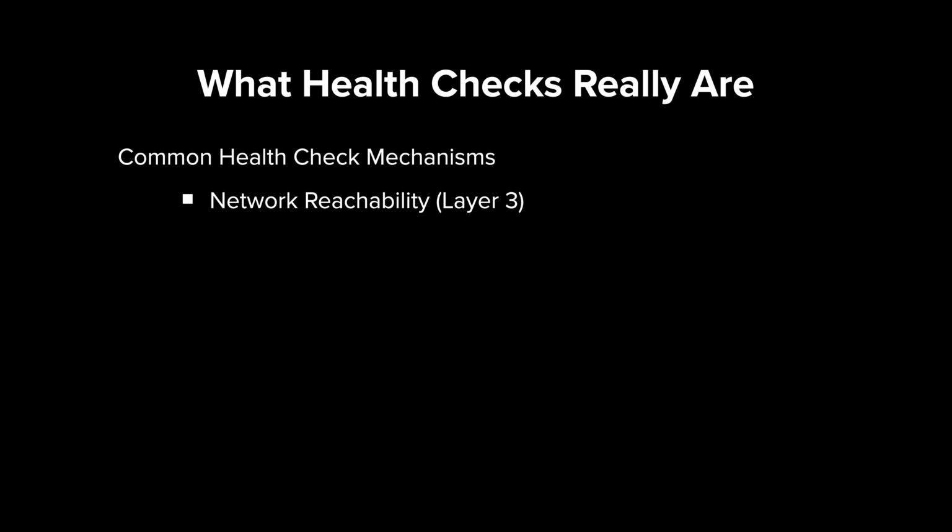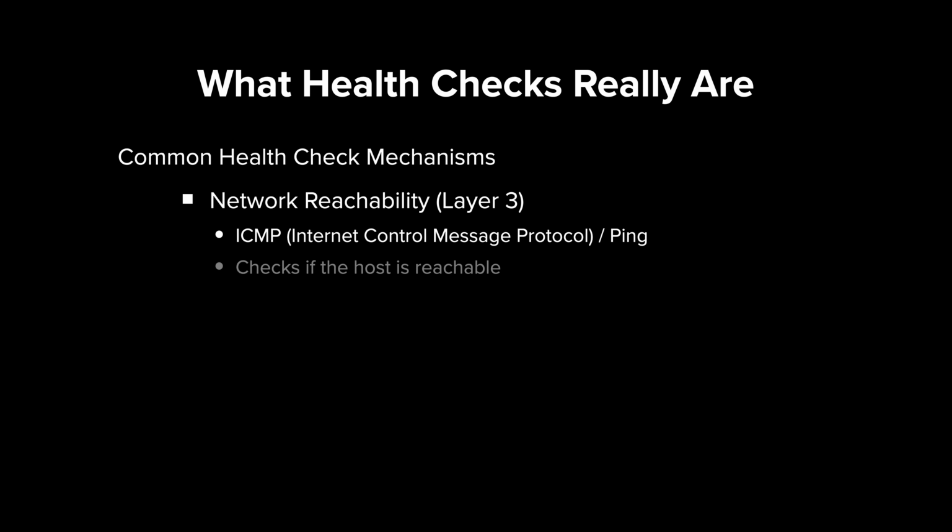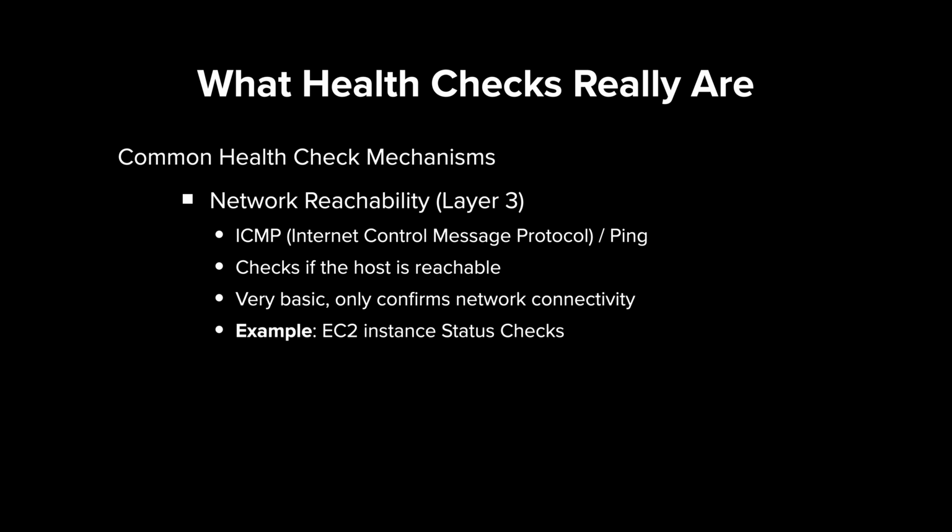The first mechanism is network reachability, also called a Layer 3 check. It uses ICMP, commonly tested using the ping command, to determine if a host can be reached over the network. This is the most basic form of health check, confirming only that the host exists and is reachable. In AWS, EC2 instance status checks are an example of this type of health check.